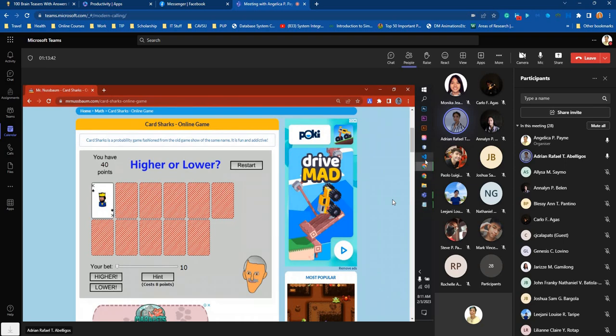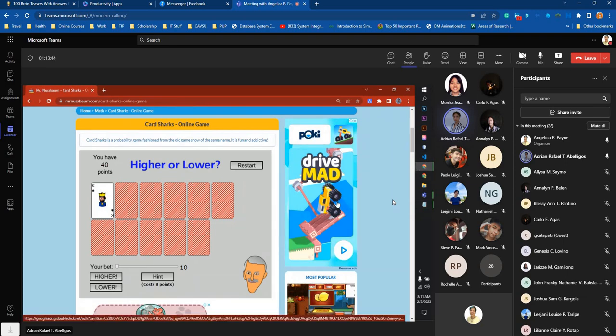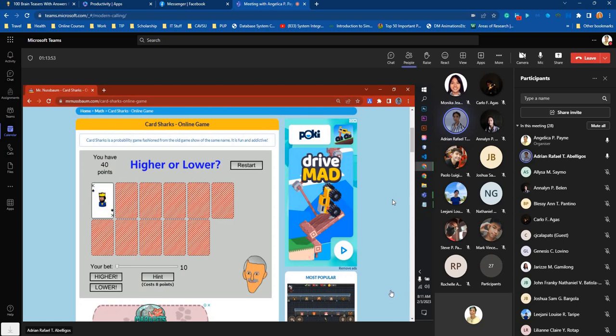Random po kami, pili po kami ng person. Okay, open mic na lang. Go. For our first person, si Taripe. Hello. Please open your mic po. Ayan. Meron tayong first card which is yung king. Then you have 40 points. How much yung bet mo for your next choice? Walang digit na bet. 10 to 40. Wow.